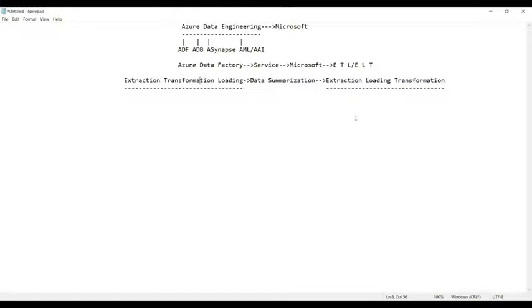That's it, nothing else. So what is ETL? Azure Data Factory is a service provided by Microsoft to perform the job of ETL, that is extraction, transformation, and loading.